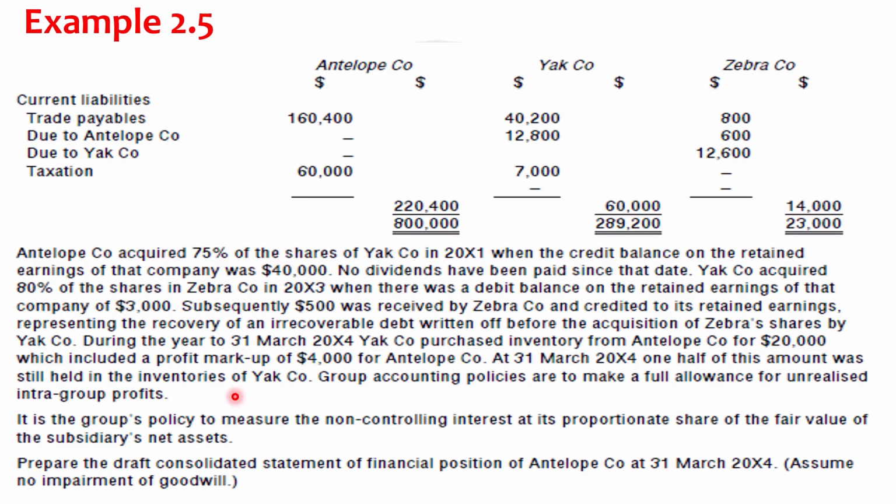Group accounting policy is to make a full allowance for unrealized intra-group profit. So you have to determine the provision for unrealized profit, PUP. The determination is the same as in the simple group. This one is not complex, so if there's any issue, go back to the lecture videos on simple consolidation.